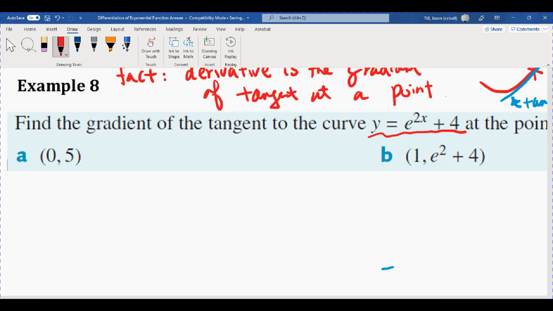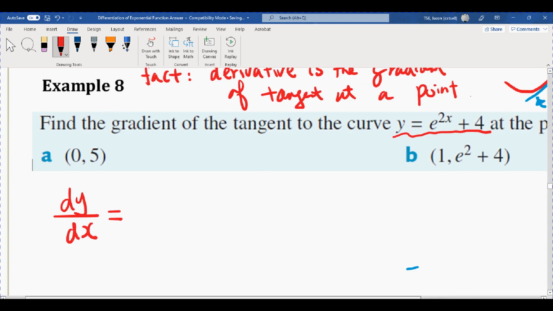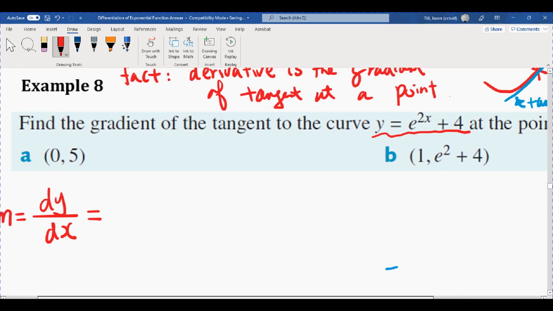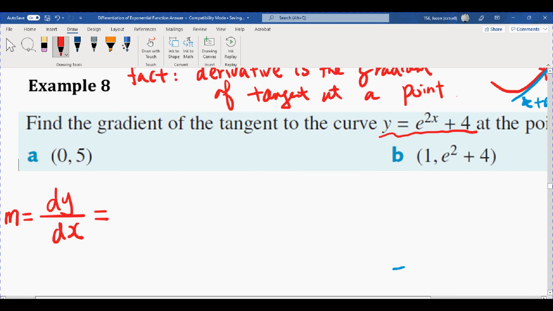First of all, if you remember, you need to do a differentiation, right? Because we're talking about the gradient, normally we use m to represent gradient. So m equals dy over dx. And you just copy that thing there.